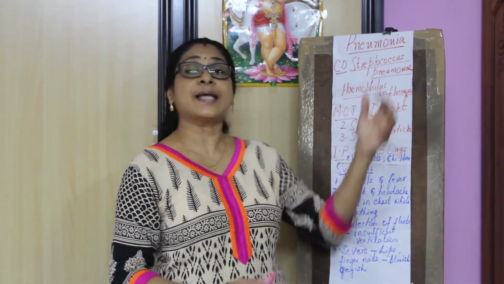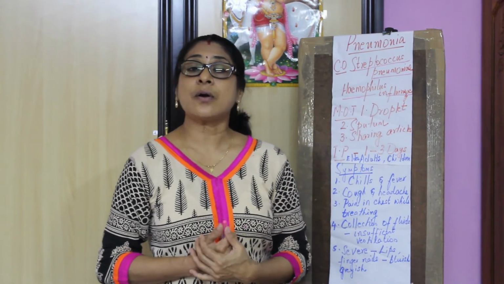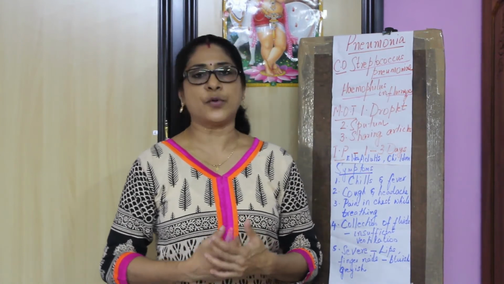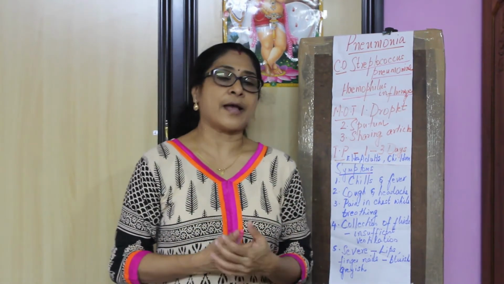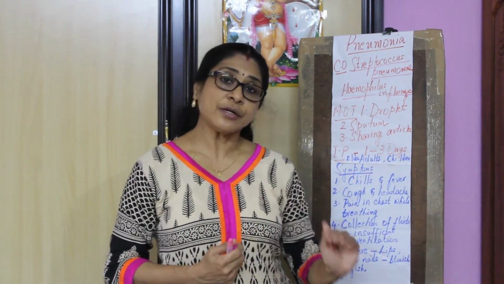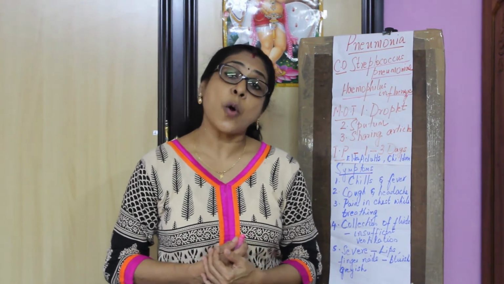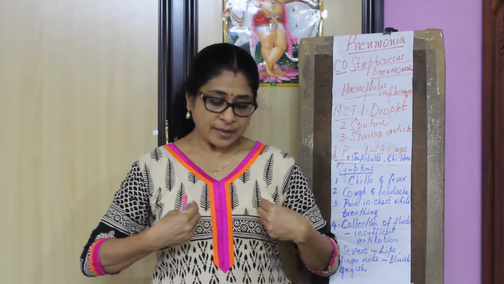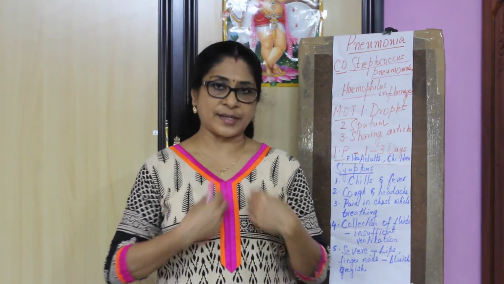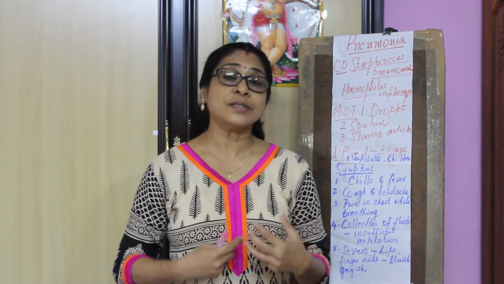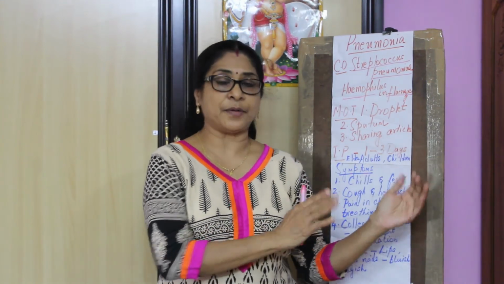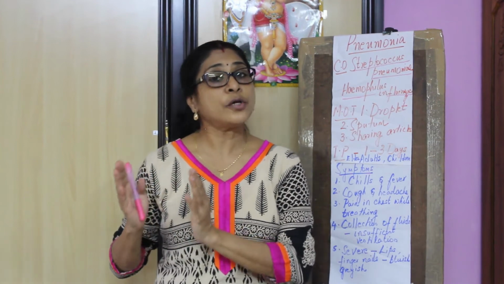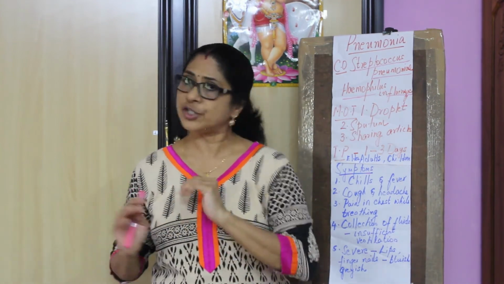If it affects elderly adults, it is called lobular pneumonia, where the alveoli are the most affected part. And in children, it is called bronchopneumonia, where the bronchioles of the respiratory tract are most affected. So it could be either lobular pneumonia in elderly people or bronchopneumonia in small children.